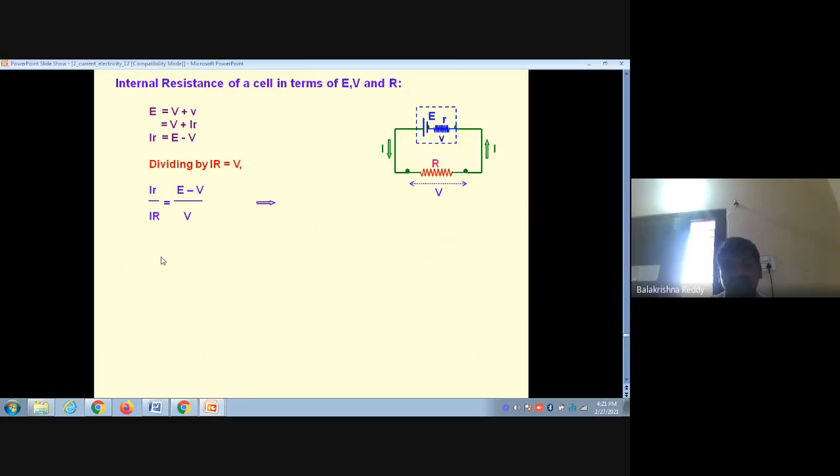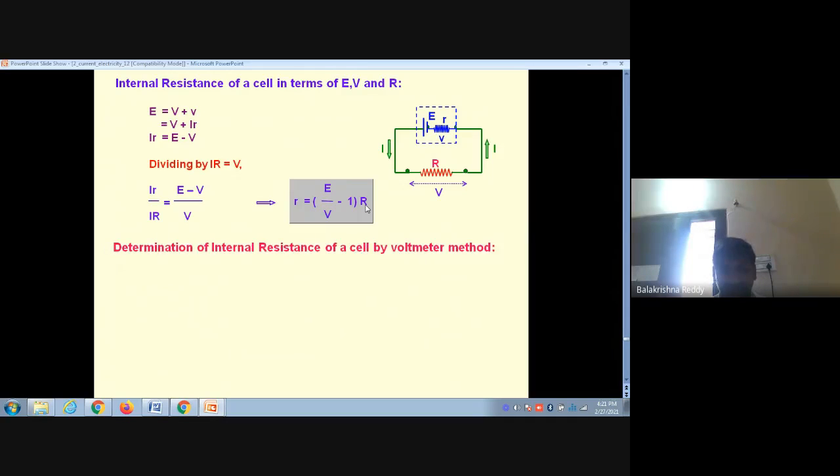If I eliminate the current term, I can take the common such a way, the voltage I have written in the denominator, then capital R I send to the other side. Then I made small r the subject: r equal to E by V minus 1, into capital R. This is a relation between the internal resistance and the EMF of the cell. This we have found here, the relation between the internal resistance and terminal voltage as well as EMF of the cell.